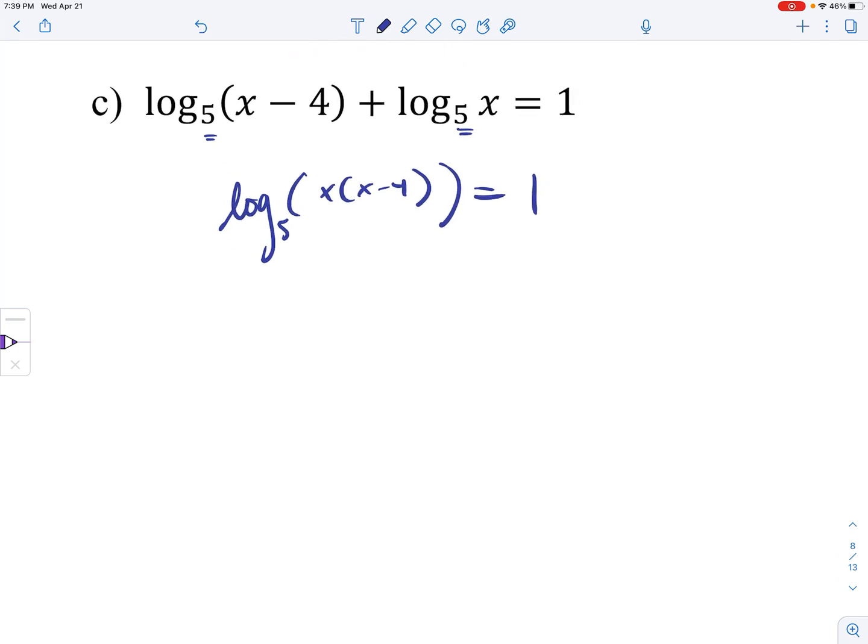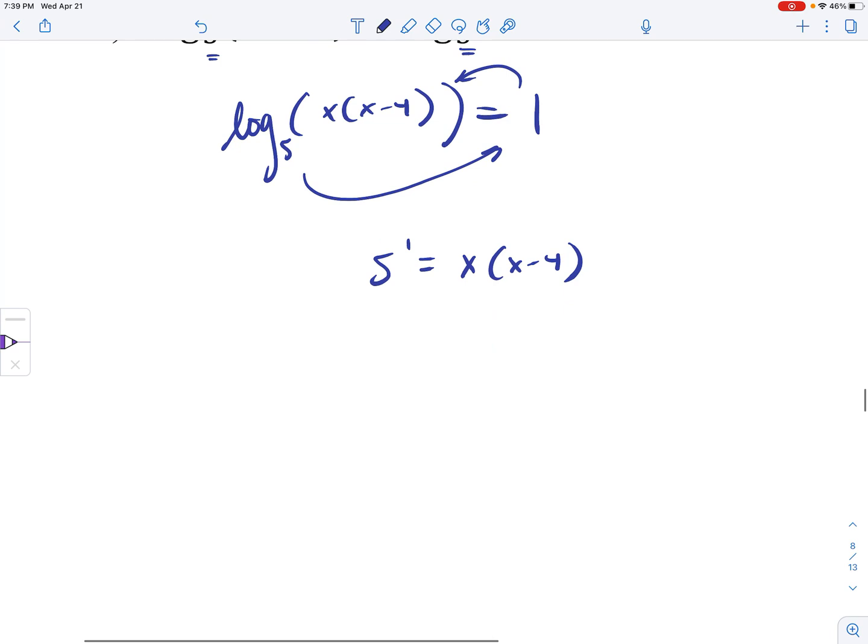And then because we don't have a log on the right-hand side, we're going to think about rewriting in exponential form. So 5 to the first power equals x times x minus 4. Okay, that will turn into just a quadratic equation.